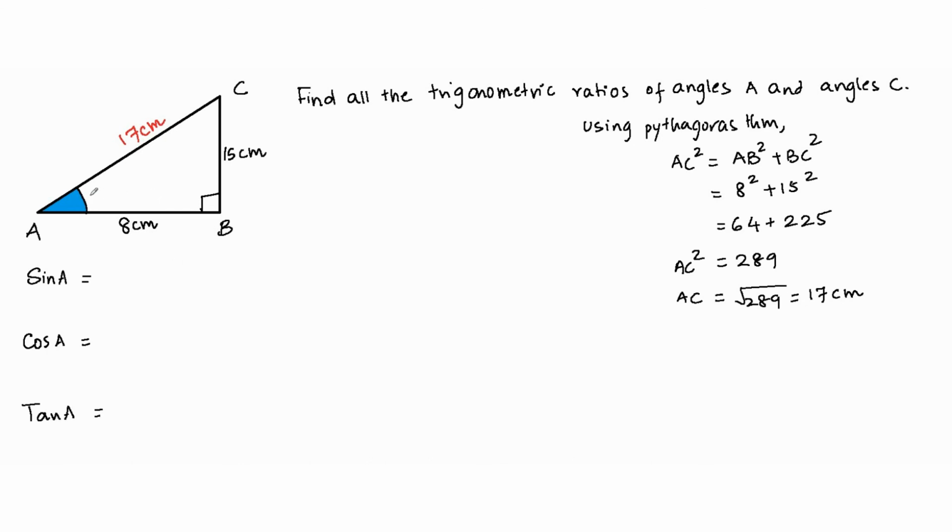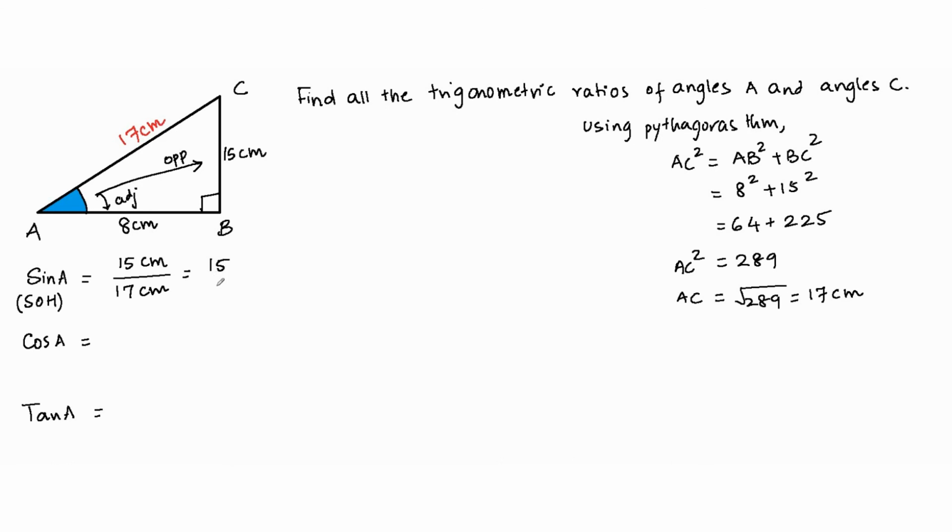So sine is the opposite side. So with respect to angle A, 15 is the opposite side and 8 centimeter is the adjacent side, while 17 remains the hypotenuse. So sine, if you remember, is opposite, which is 15 centimeters divided by the hypotenuse, which is 17 centimeters.